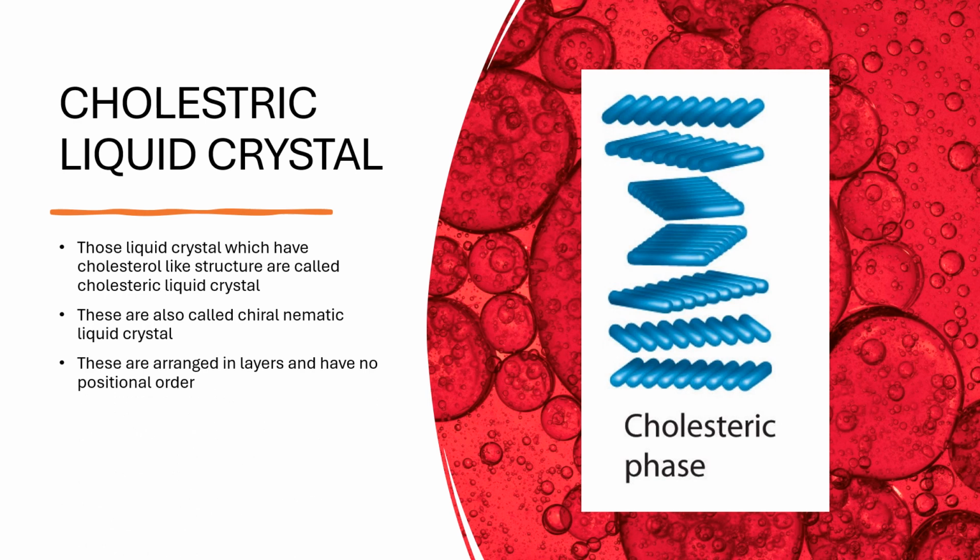These are arranged in layers and have no positional order within a layer. It is very clear from the diagram. We can see that layer-wise they have no positional order, and the orientation in each layer is entirely different.